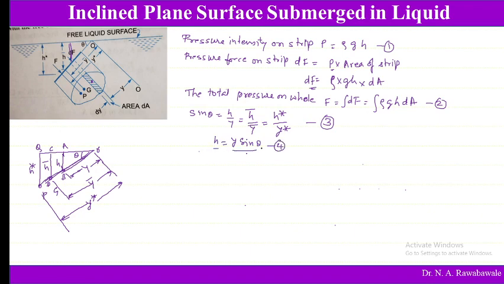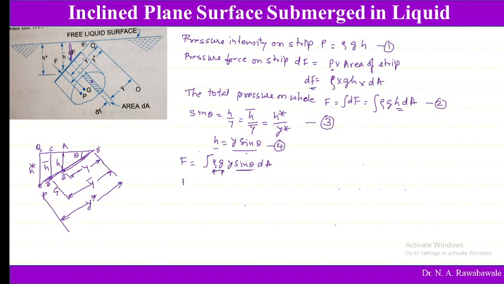Substituting h is equal to y sine theta in equation number 2, we get F is equal to the integration of rho g, in place of h we substitute y sine theta, dA. Now here what we can do is take rho g sine theta outside the integration because these are constants. The angle is fixed, sine theta is constant, g is constant, rho is also constant.